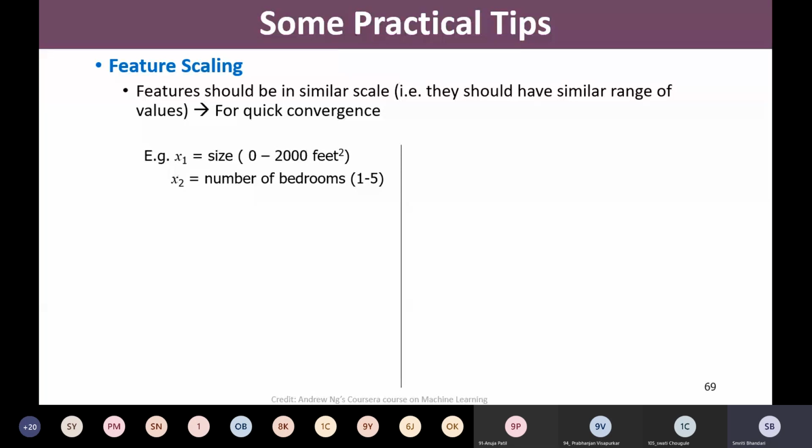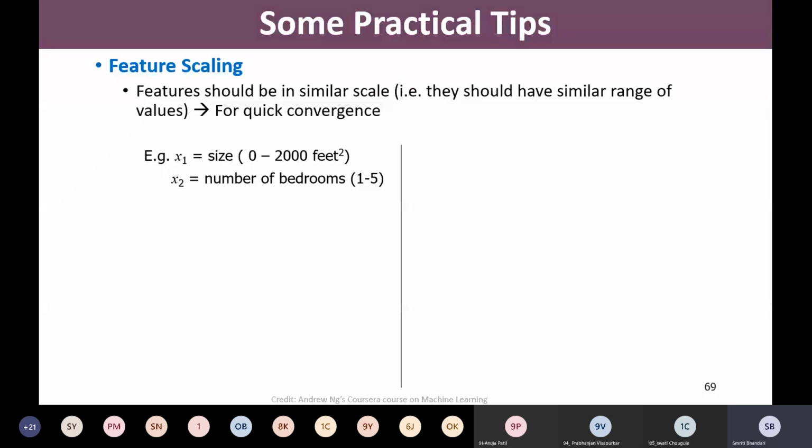If we have such a situation, it may happen that, as the features do not have a similar scale, there is a problem in the convergence of our gradient descent.